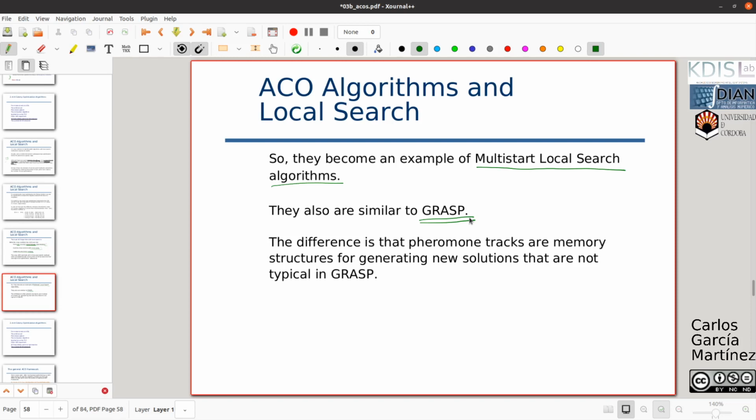The difference is that ant colony optimization applies a memory structure, which is the pheromone matrix, the pheromone information, for generating the following solutions. Whereas GRASP typically does not use memory structures.